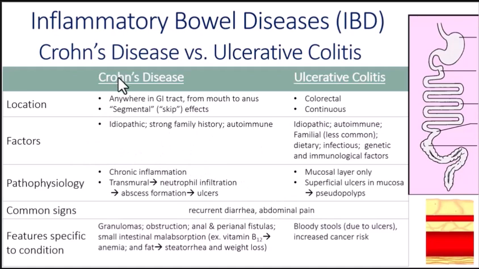In terms of causative factors, both Crohn's disease and ulcerative colitis have idiopathic causes, so no known cause. They're both considered autoimmune, so the body is attacking itself. With Crohn's disease, though, there is a strong family history, what we would call familial, which is less common with ulcerative colitis.